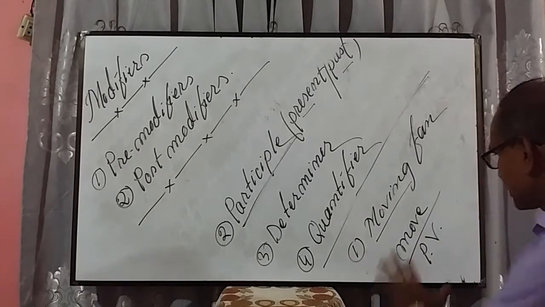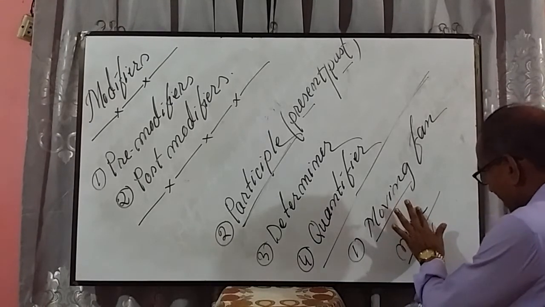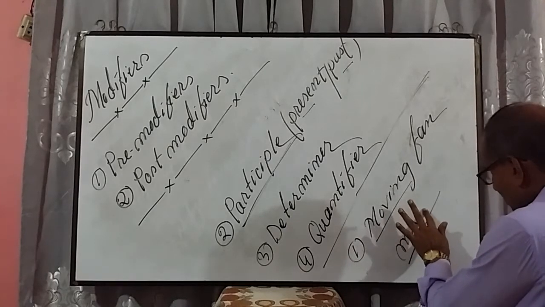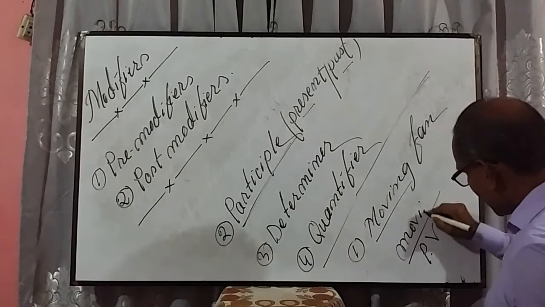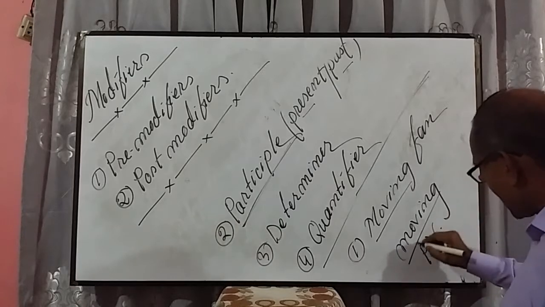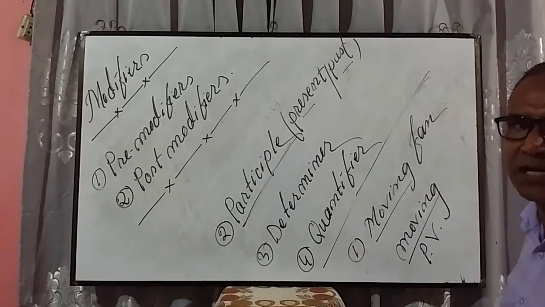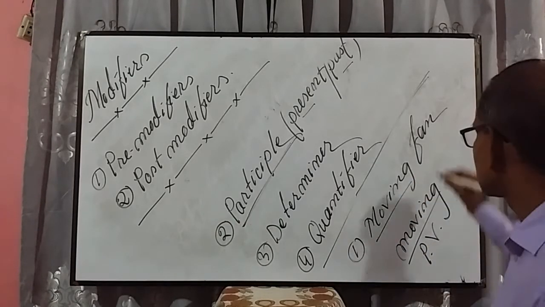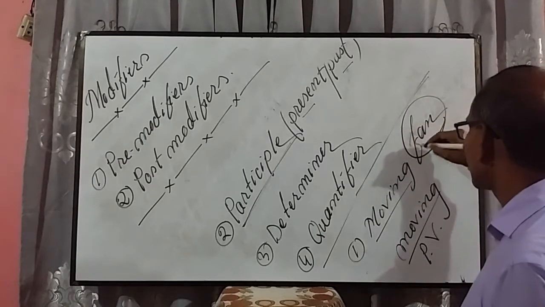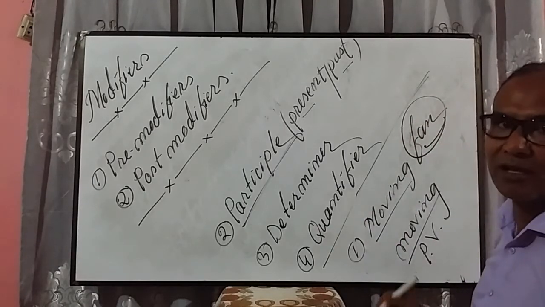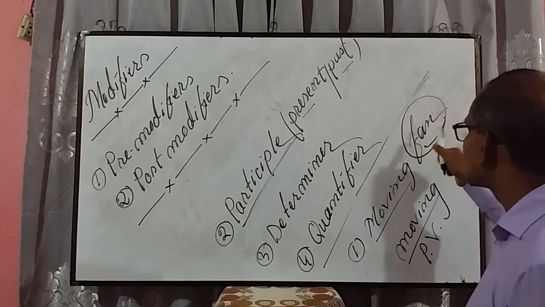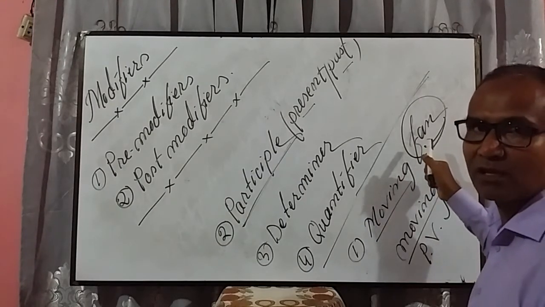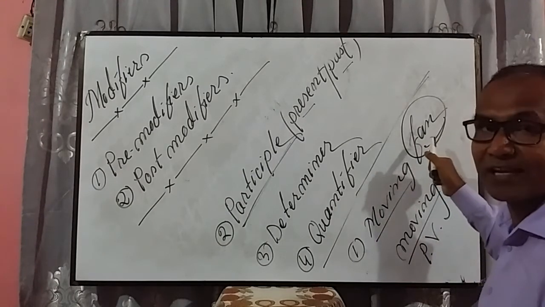Right? And I have added ing, and it is now working as an adjective because it is qualifying or modifying the fan, the present state of the fan, the present condition of the fan.